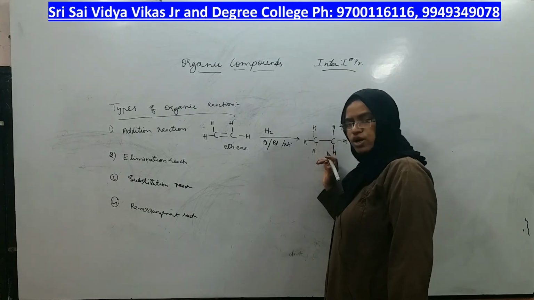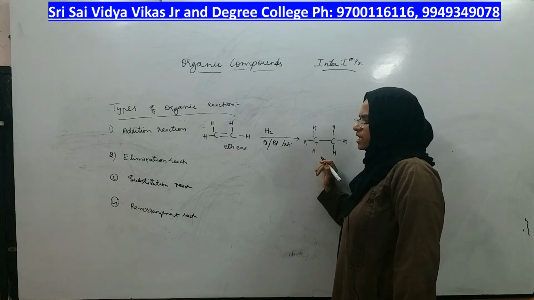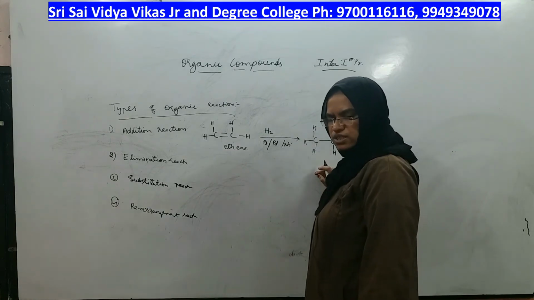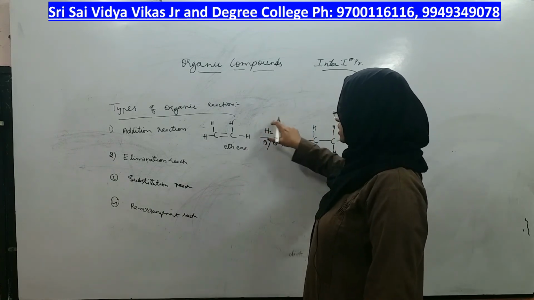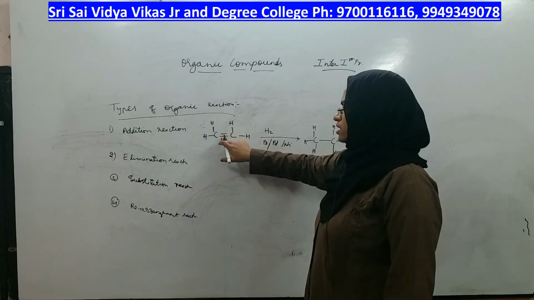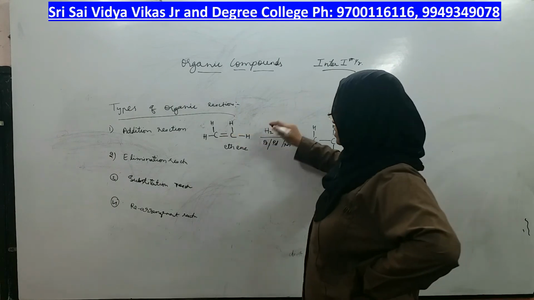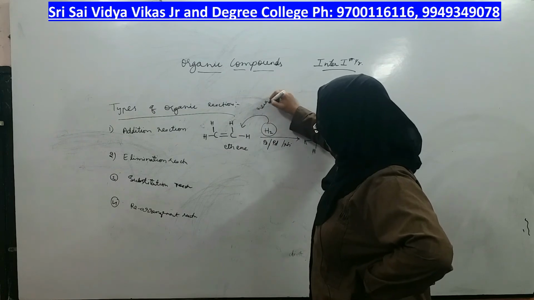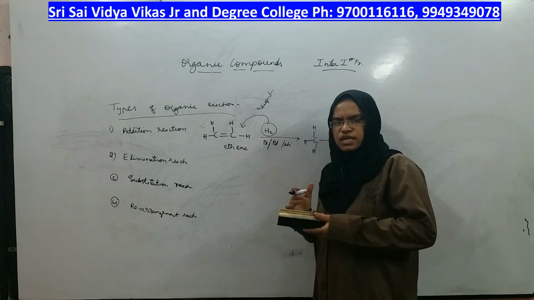So the number of bonds are getting added or not? Yes, the number of bonds are getting added if you compare substrate and product. So any reaction in which a reagent is added to the substrate by breaking an old bond, the reagent is getting added directly into the substrate.